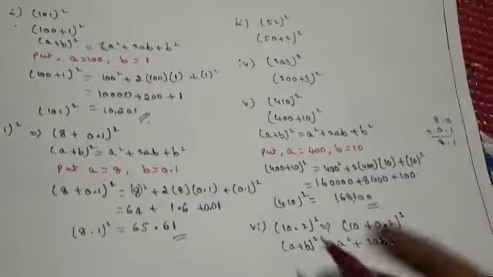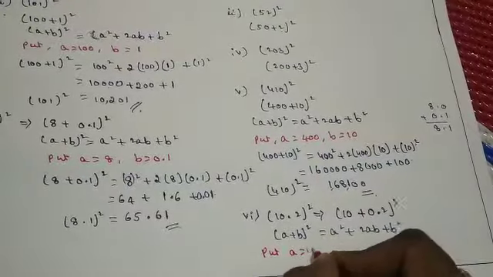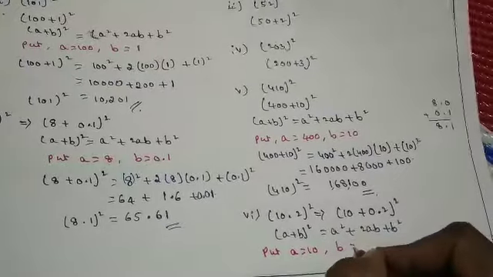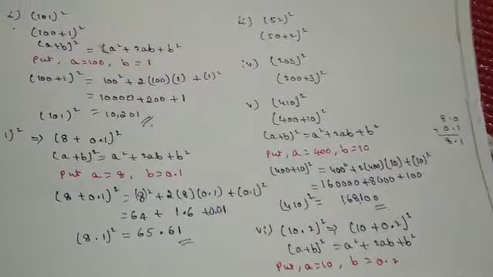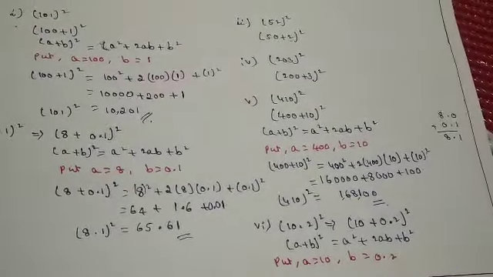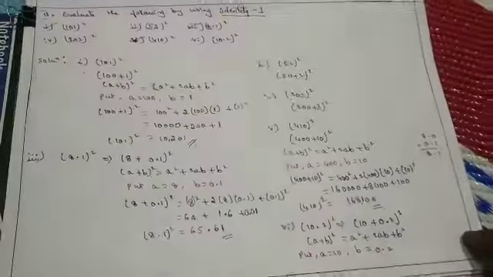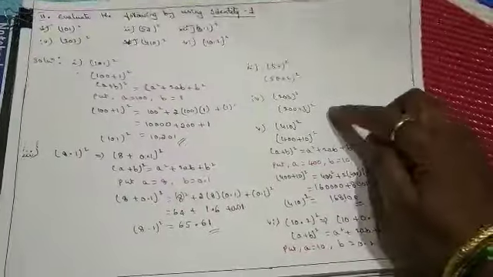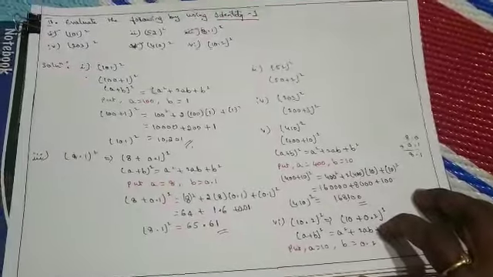Now you can substitute, put a equal to 10 and b equal to 0.2. If you substitute a and b values in the identity, definitely you will get the answer for 10.2 whole square. So this completes worksheet 1, children. Be aware, please solve the 2nd, 4th and 6th questions by yourselves, children. Clue is given how to solve it.